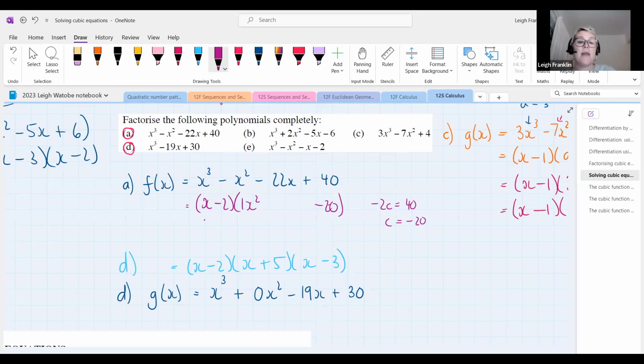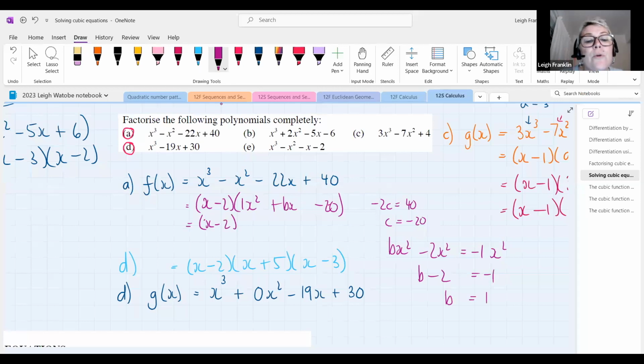Then as far as our bx term is concerned, we would end up with bx squared minus 2x squared, and that would be equal to negative 1x squared. So that means b minus 2 equals negative 1. So b would be equal to 1. So here we've got x minus 2, squared, that's a horrible square. Then here it would be plus x minus 20.